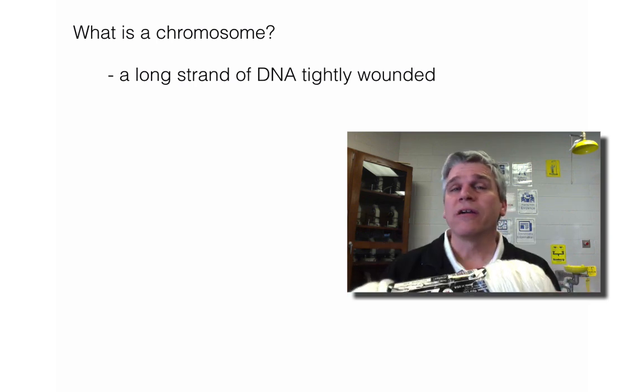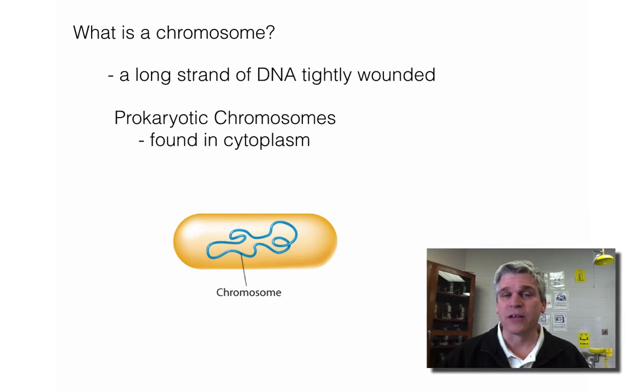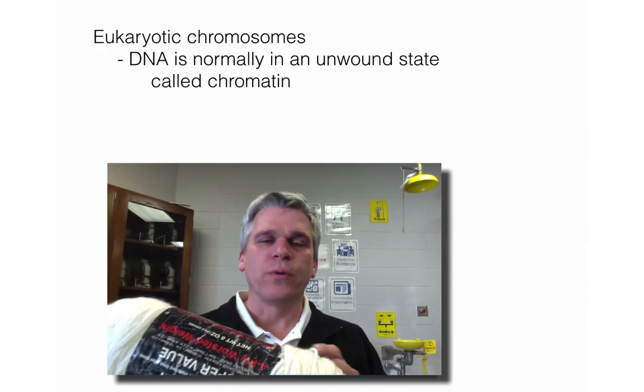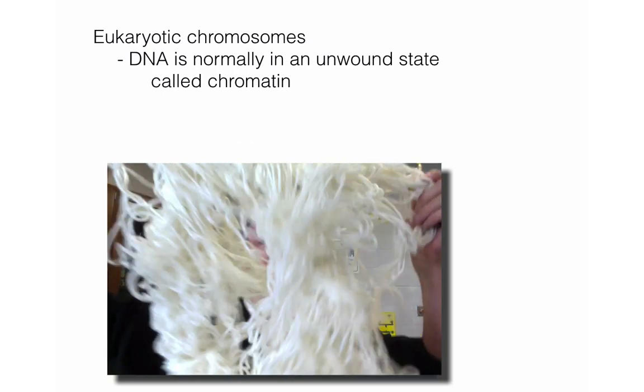Now, chromosomes are slightly different in prokaryotic versus eukaryotic cells. In prokaryotic cells, we know that the chromosomes, because there's no nucleus, are just found in the cytoplasm. And of course, there's only one chromosome in prokaryotic cells. In eukaryotic cells, they come in pairs. So normally what we see is not this, but this.